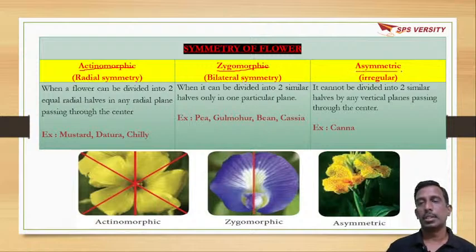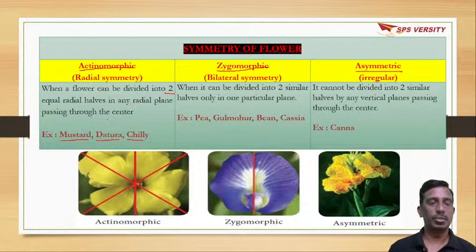Asymmetric, which is irregular. Actinomorphic means when you cut a flower passing through the center, in any plane, it can be made into two equal halves. Like mustard, datura, chili, these are all actinomorphic flowers.